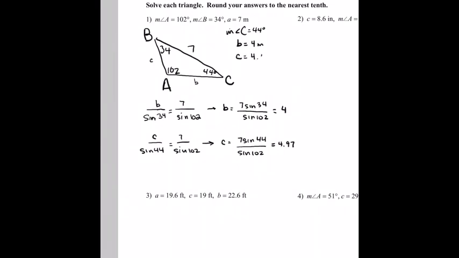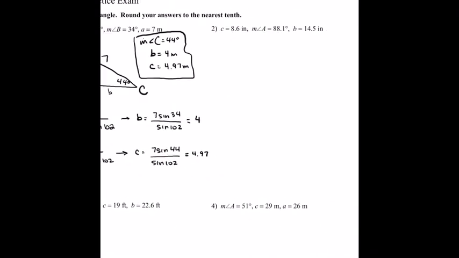So side C is 4.97. Those measurements are found using law of sines, because what we had given originally was an angle side angle triangle.